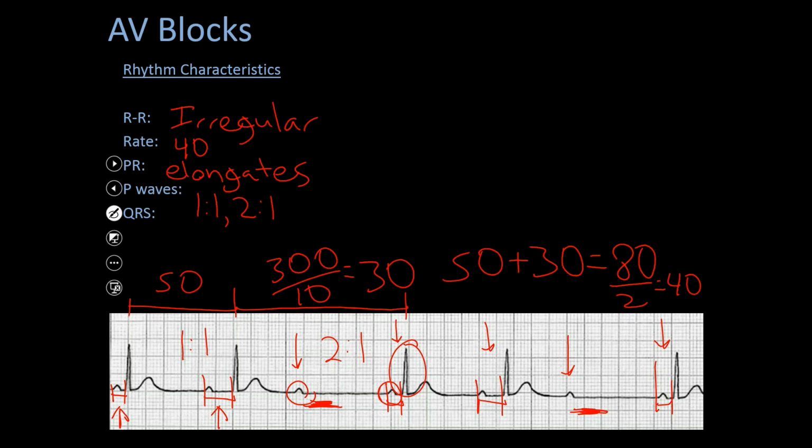Okay, so we just finished up talking about second-degree AV block type 1. The causes for this can vary a little bit. Second degree AV block type 1 is less severe than second degree AV block type 2 normally. Second degree type 1 can result from normal physiological processes.